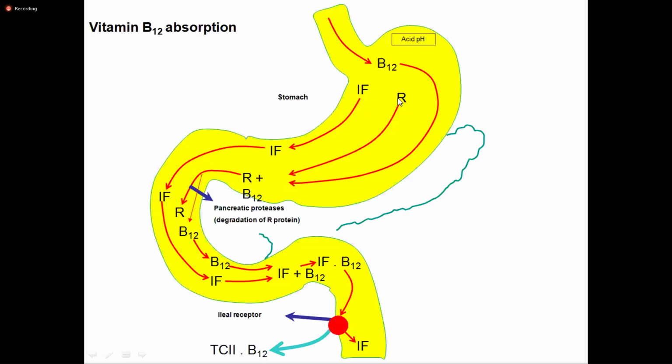Initially the vitamin B12 binds with the R proteins and a complex is formed, and it travels to the small intestine.